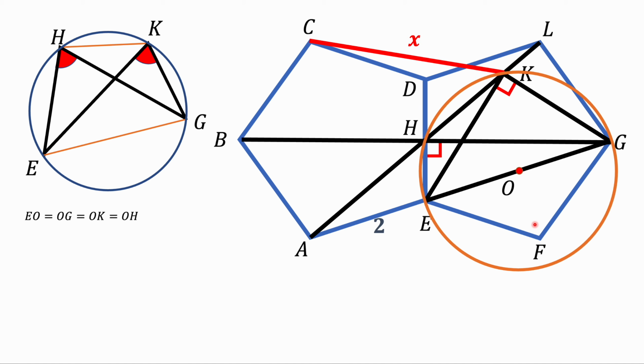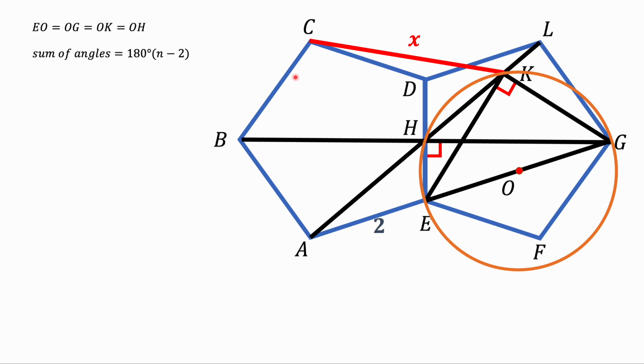To find that angle, notice that we're dealing with polygons, and the sum of angles of a polygon is 180 times n minus 2, where n is the number of angles and sides of a polygon. In our case, we're dealing with a pentagon that has 5 angles and 5 sides, so n equals 5. And that means the sum of angles is 540 degrees.